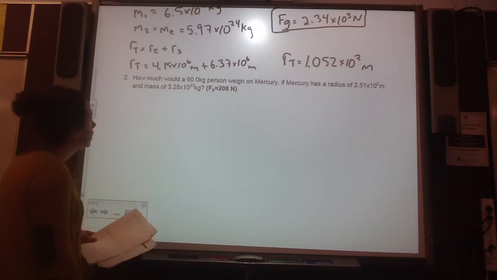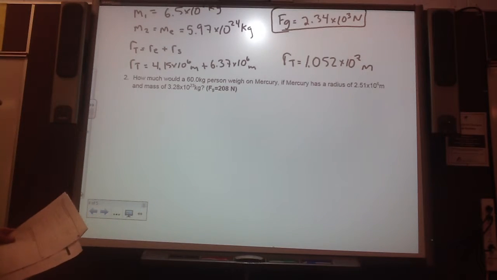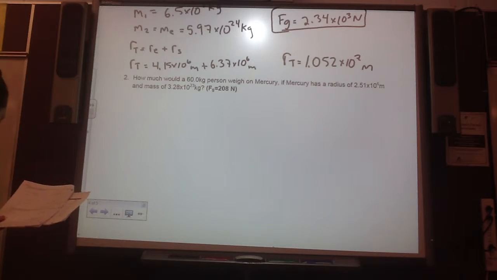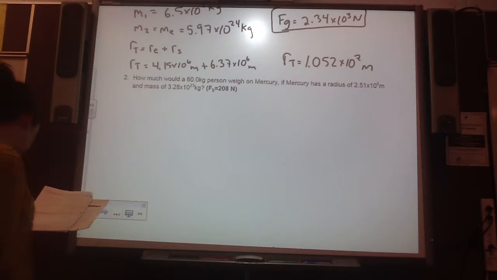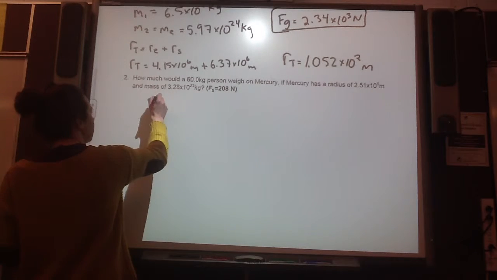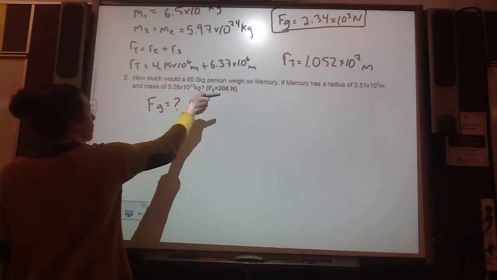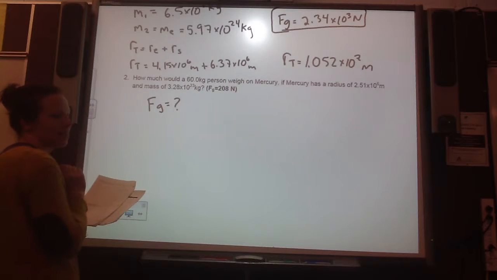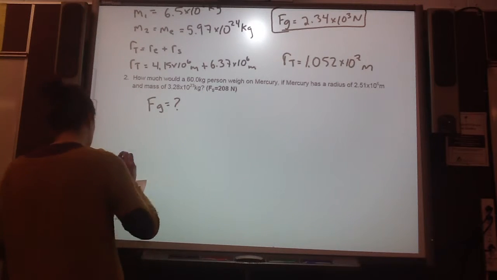Okay, how much would a 60 kilogram person weigh on Mercury if Mercury has a radius of 2.51 times 10 to the 6 meters and a mass of 3.28 times 10 to the 23 kilograms? I am looking for Fg, the person's weight, the force due to gravity.